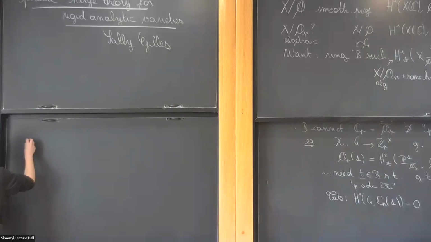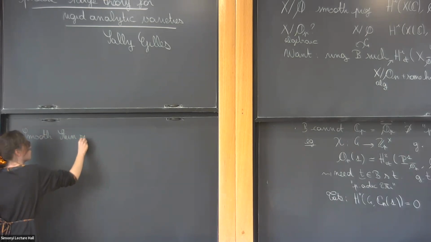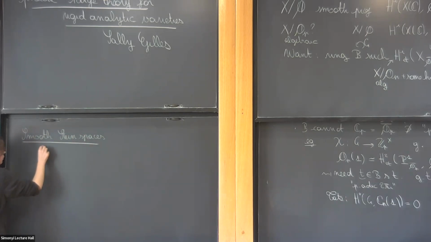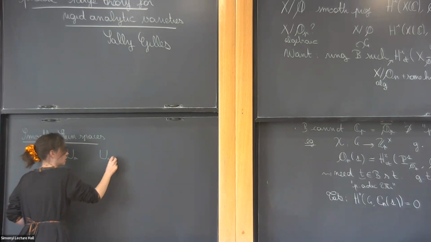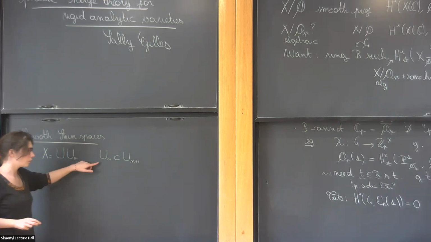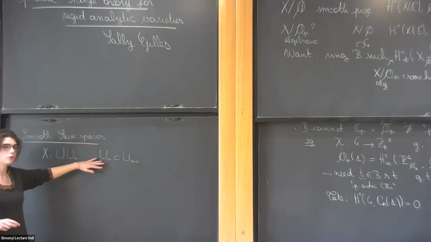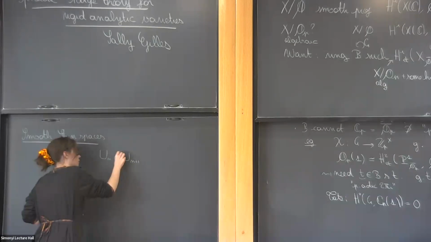And yes, so for example for smooth Stein spaces, this means that we can cover X by affinoids U_n such that the compactification of U_n is inside U_{n+1}. So I will write like that.